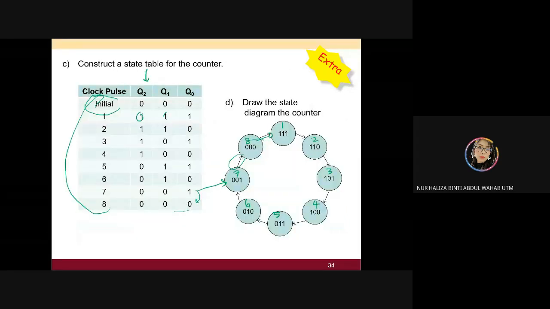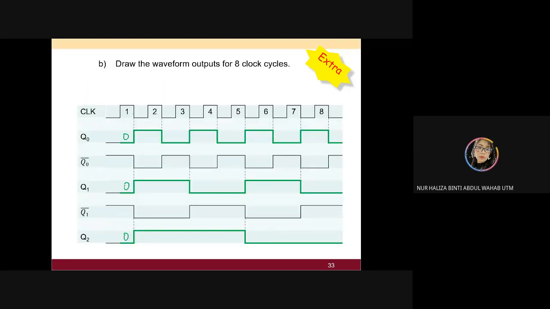Initial also 000. Wait, because this one is a negative clock, you're going to toggle here. 000. And lastly, that's why just now I got at this part 001.